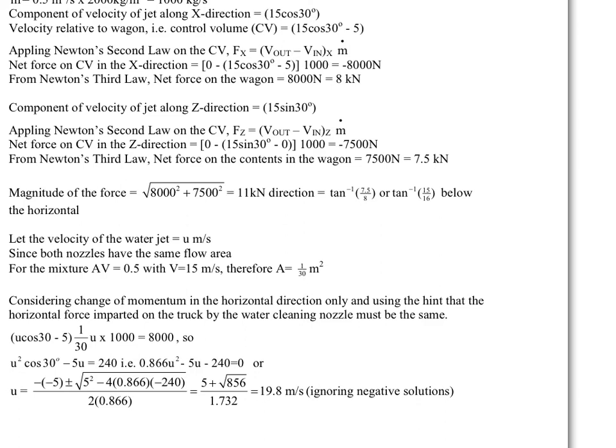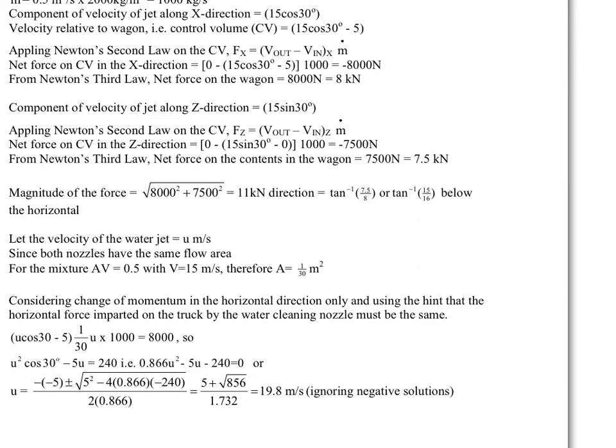So we end up with a quadratic equation in u squared, which simplifies to this. It cannot be factorized easily, so we need to use the solution for a quadratic equation, and we get a value of 19.8 meters per second.